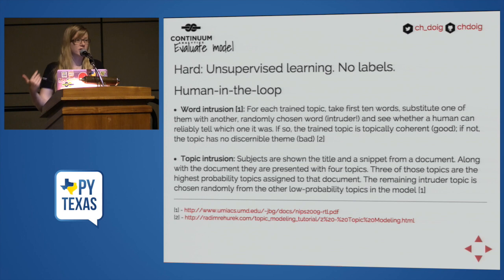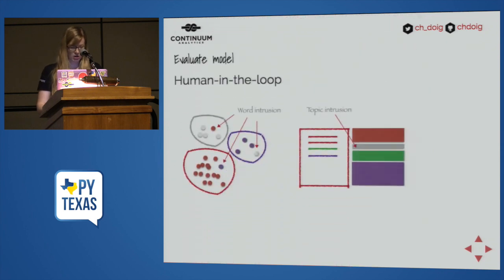The second one, of course, is less costly, because whenever you bring humans into your processes, it makes it more costly to get a result. In the human in the loop case, we have two methods: one is called word intrusion, and the other is called topic intrusion. And I've also made graphics to demonstrate what that means.